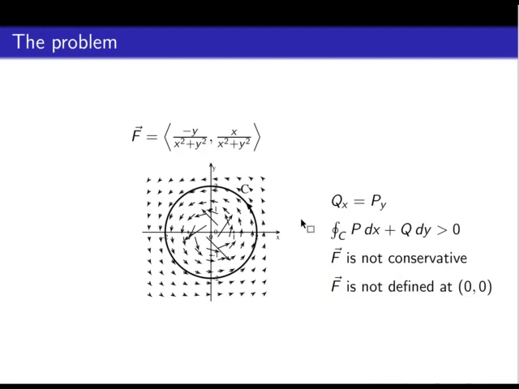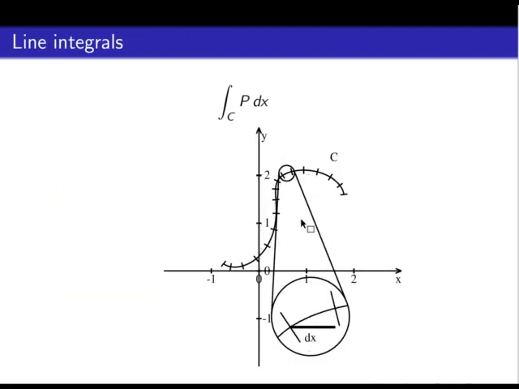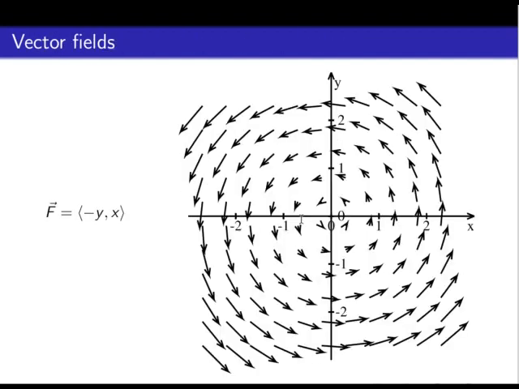One thing that's kind of helpful that I should have pointed out: if you look at this vector field here, this one is a different vector field. This one does not divide by x squared plus y squared. They still point in the same direction, but they're different lengths. And you notice when you take the curl of this in 3 dimensions, so Q_x minus P_y, I'm going to get a constant, in fact 2.